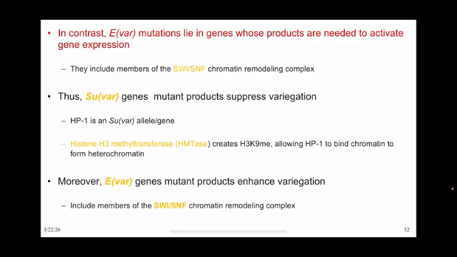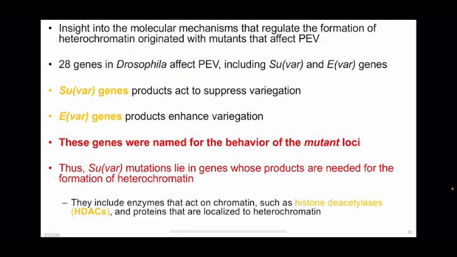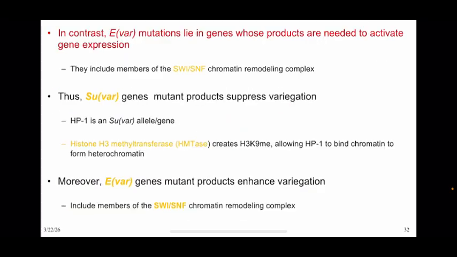Similarly, that's how the E genes are. A normal E gene is going to suppress variegation. That means a normal E gene, how do we call it? Yes, a normal E gene is going to promote, oh, I'm getting this twisted. A normal E gene is going to promote the formation of euchromatin regions, or is going to activate genes, right?